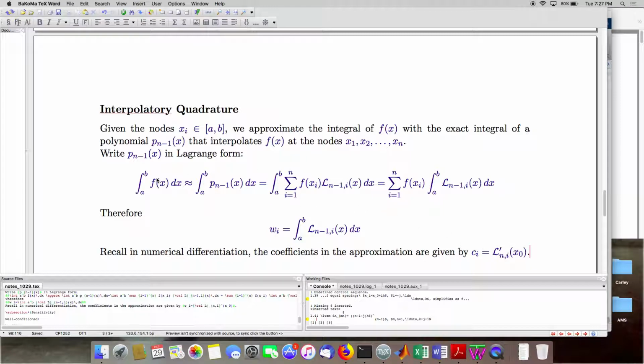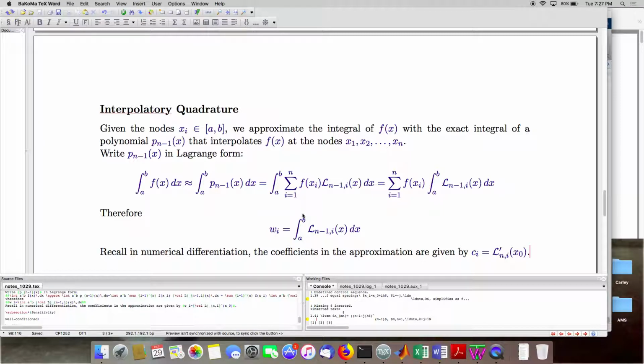Here, we want the integral of f from a to b. So we integrate the Lagrange polynomials. The integral of the Lagrange polynomial from a to b.